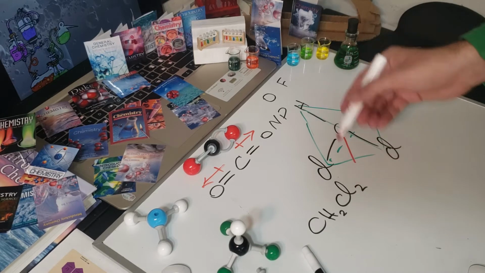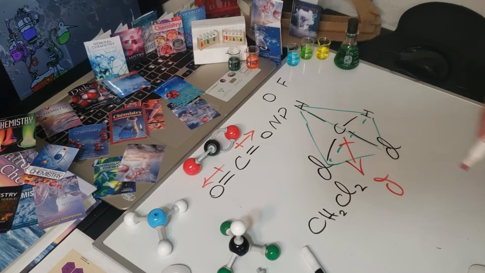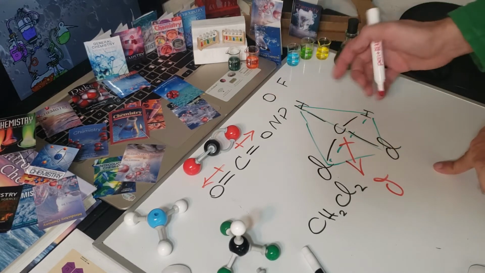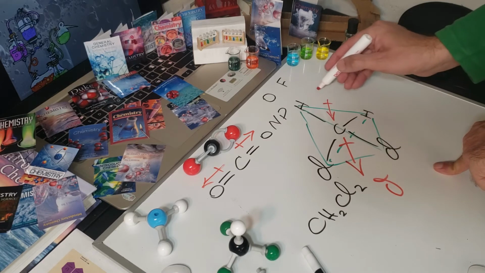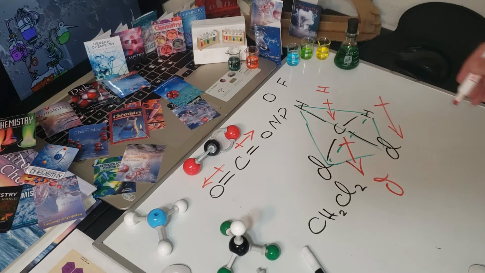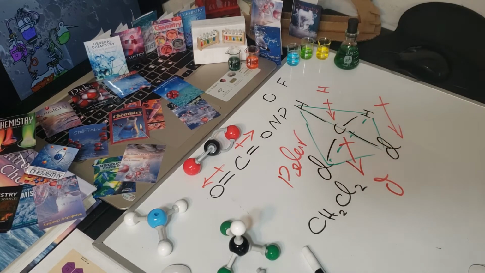The overall effect would be one polarity vector with the same force of one chlorine pulling in this direction, and the two hydrogens pushing, because hydrogens are less electronegative, is the force of one hydrogen pushing down. So it's a net polarity vector in this direction, and the molecule is also polar. Okay, so that's this. I wanted to also talk about other molecules.